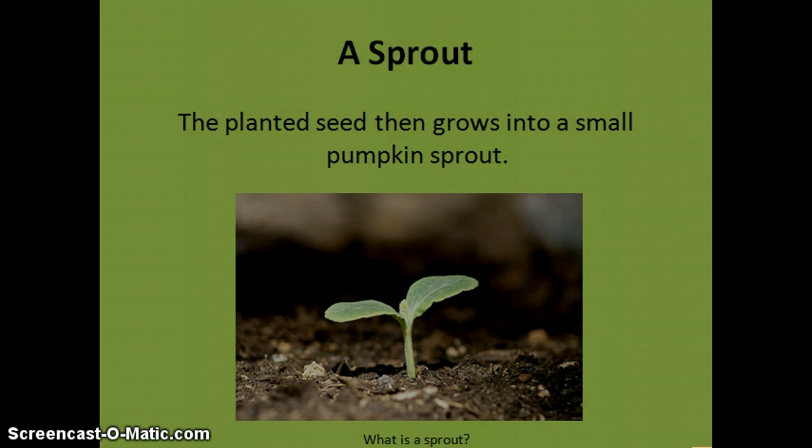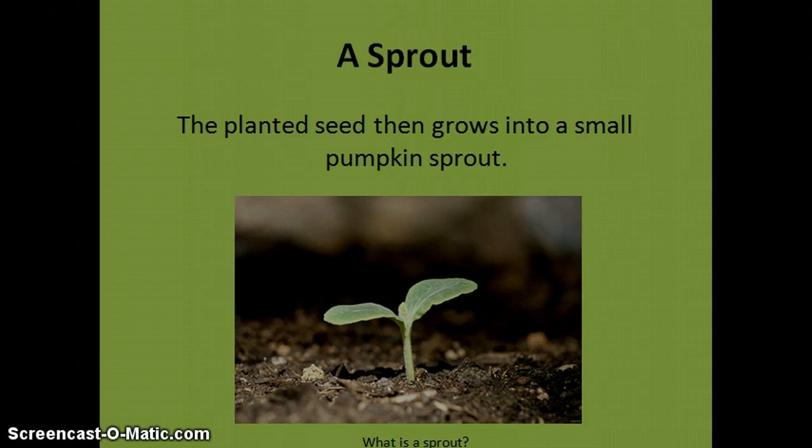The next stage is a sprout. The previously planted seed grows into a small pumpkin sprout. What is a sprout? Basically, a sprout is a seed that shoots up and creates a tiny plant structure.